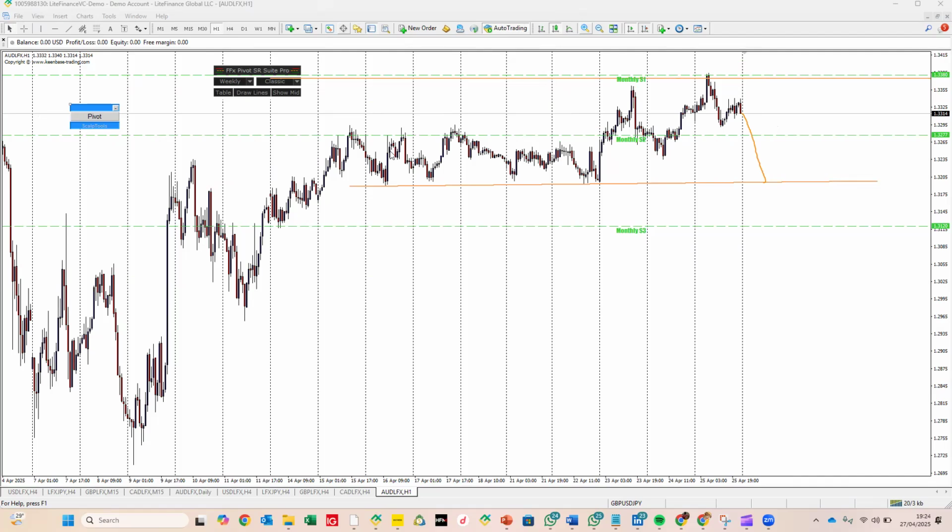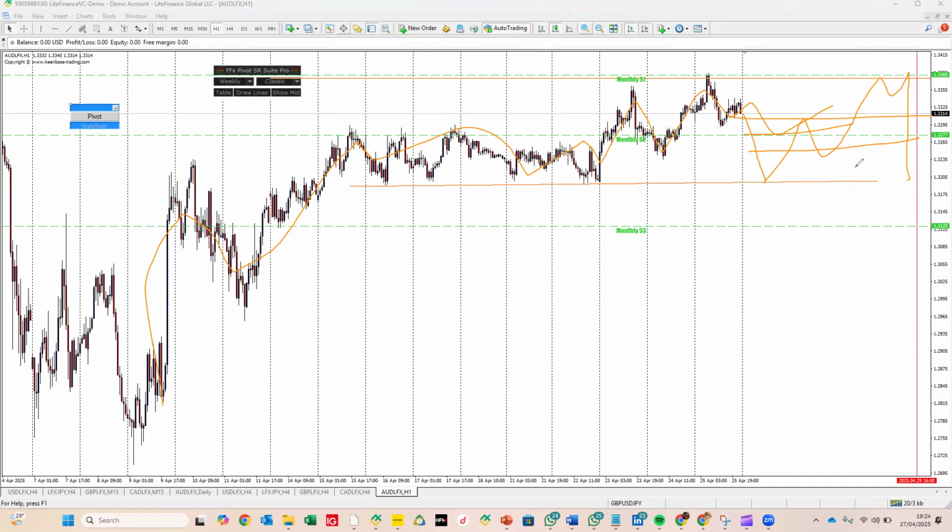So my projection for the coming week is some kind of sideways movement around here, for the week, because price has been moving significantly up, and then right now it's just making some kind of sideways movement.